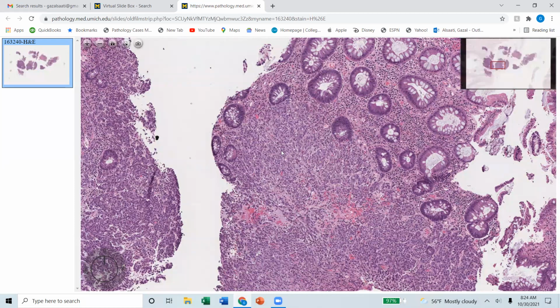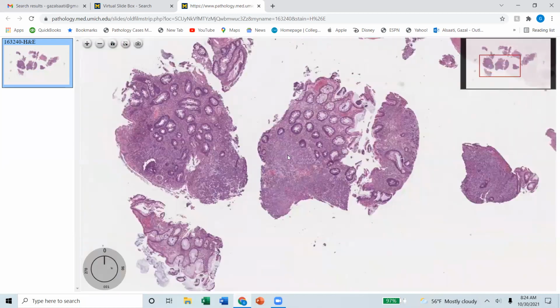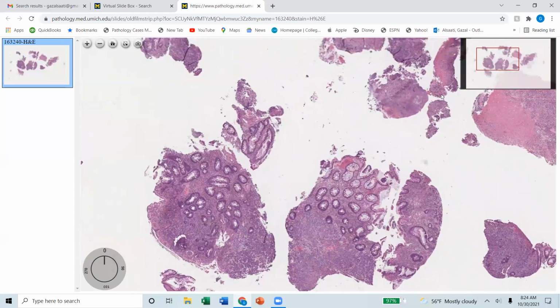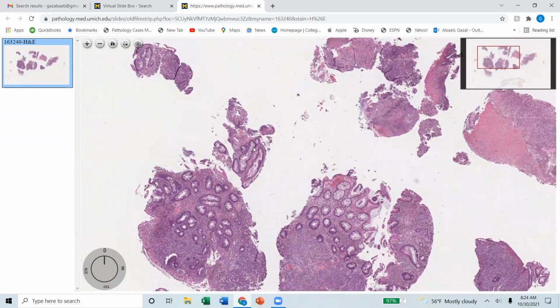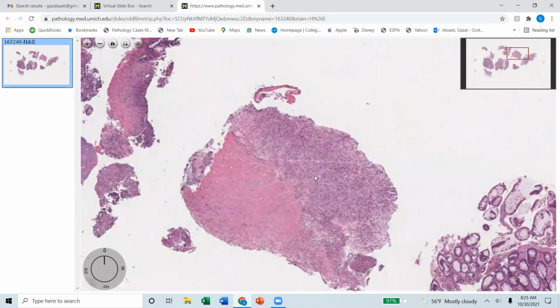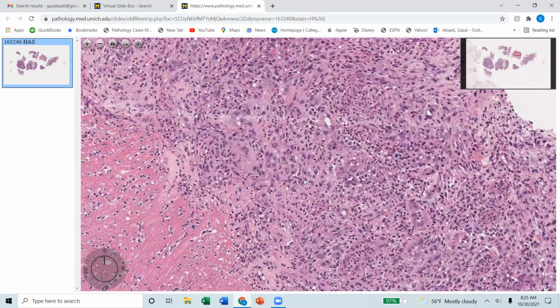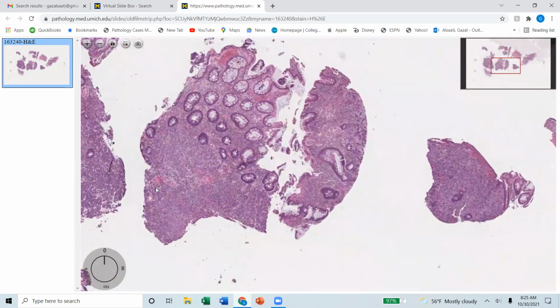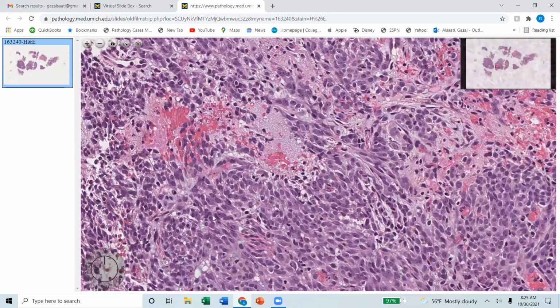Okay, so on low power, this is a biopsy of what appears to be small bowel with a little bit of attenuation of the epithelium. It's all kind of narrowed down. And there's expansion. And then definitely there is some erosion here, and a tumor here.